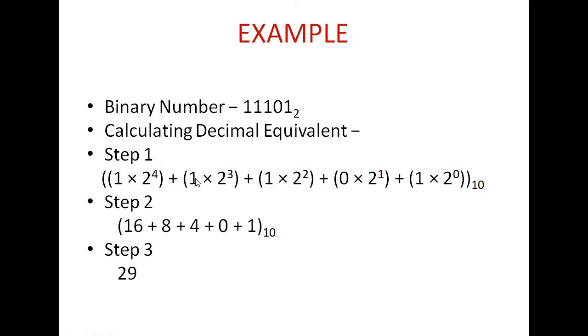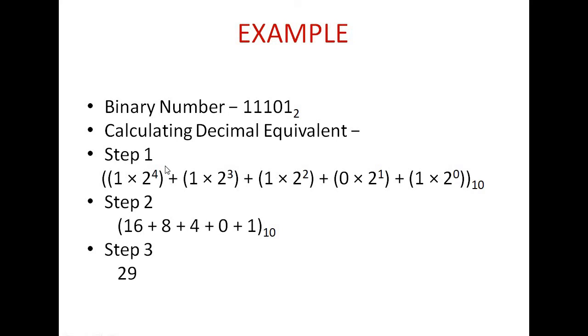After this 1, there are 3 numbers, so 2 to the power 3, plus 1. After this 1, 2 numbers, so 2 to the power 2, plus 0. After 0, only 1 number, so 2 to the power 1, plus 1 into, after this 1, no digit, so 2 to the power 0.